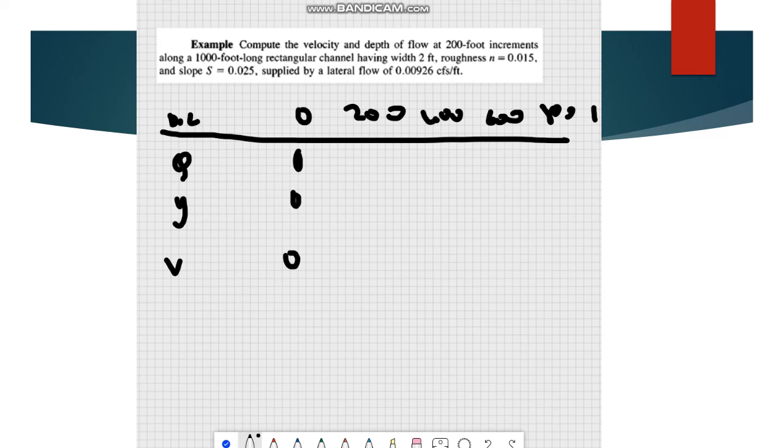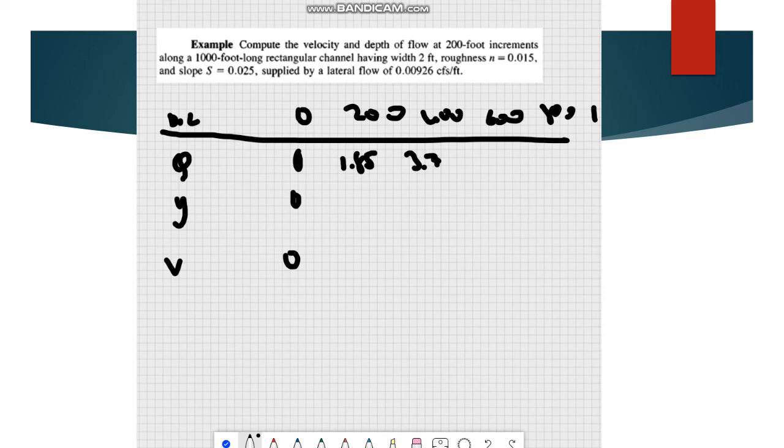When it's 200, Q is supplied a lateral flow of 0.00926 cubic feet per second per foot. So we need to multiply by 200 feet of this, so it's gonna be 1.85. When you multiply by 400, it's gonna be 3.7.